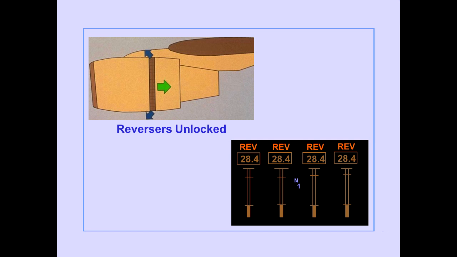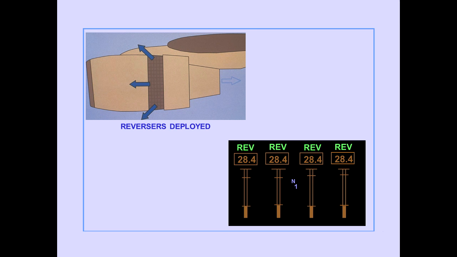When the reversers are unlocked, amber reverser status annunciators are displayed above the N1 indications. When the reversers are fully deployed, the reverser status annunciators change color to green.